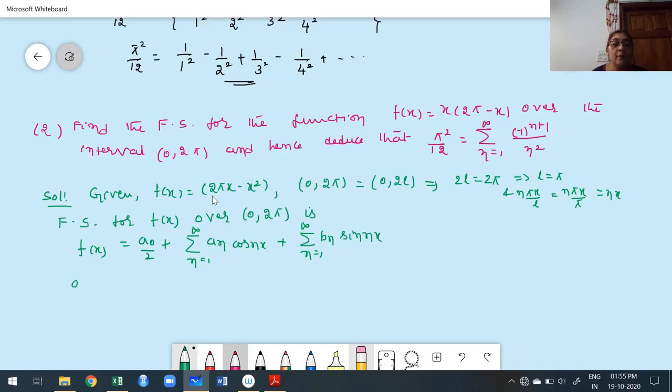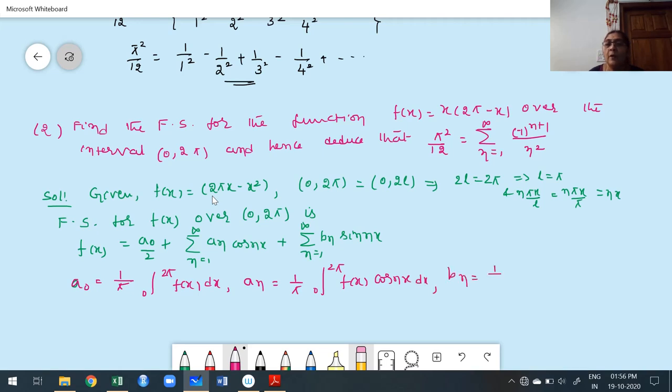what is my a naught formula? A naught formula is 1 by pi, because first case 1 by L, 1 by pi, integral 0 to 2 pi f of x dx, and then an is what actually? 1 by pi, integral 0 to 2 pi f of x cos nx with respect to x, and also bn is nothing but 1 by pi, integral 0 to 2 pi f of x sin nx with respect to x.